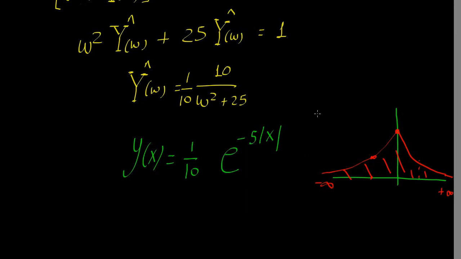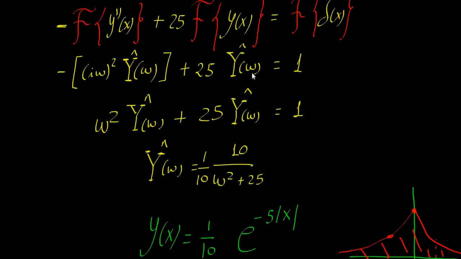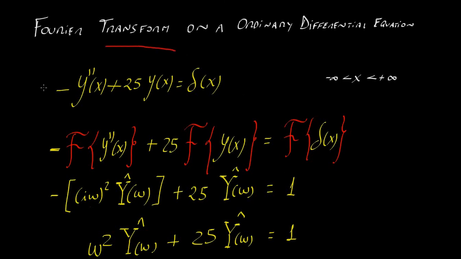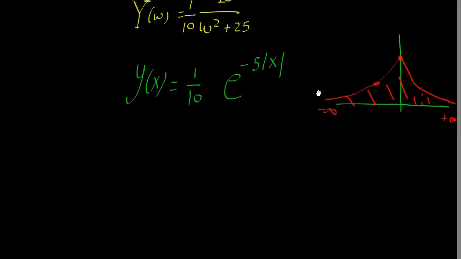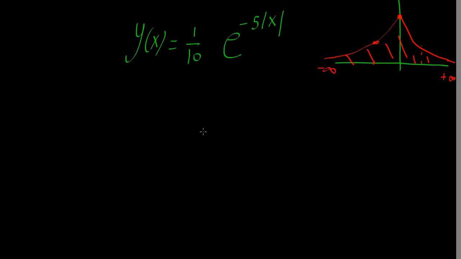So let's find this time the homogeneous solution for this equation. In order to find the homogeneous solution, I only need to equal to 0 and solve that differential equation. So let's use another color.